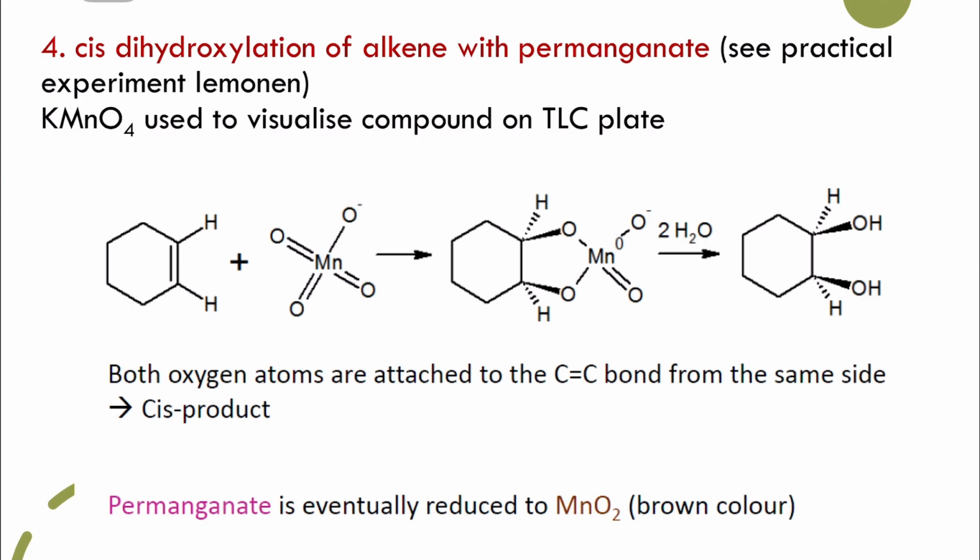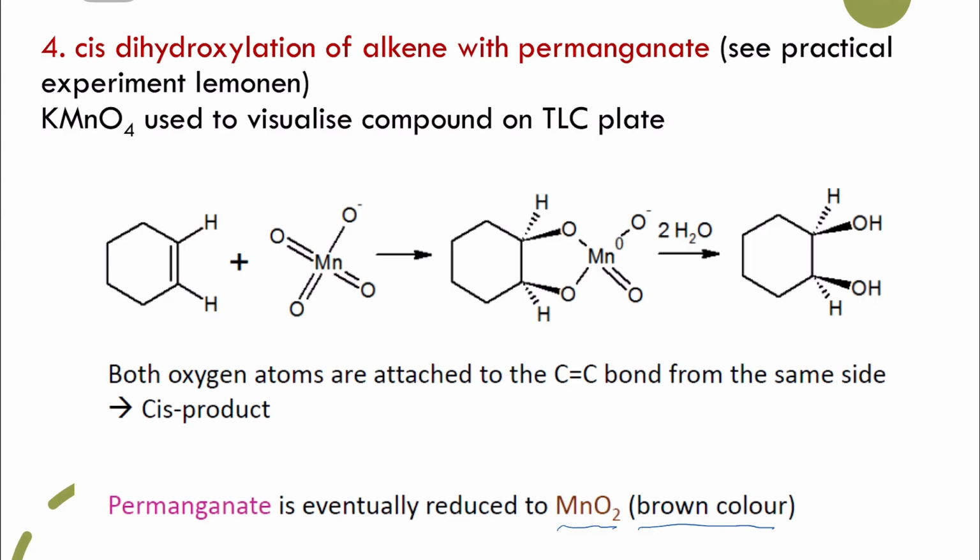And the reason why we visualize limonene or an alkene using potassium permanganate is that potassium permanganate will dihydroxylate the double bond of the alkene, and we will end up with manganese dioxide, which has a brown color. So where the spot is, where the alkene is, will be colored brown because of the presence of manganese dioxide. So you can easily visualize it when you use the potassium permanganate.